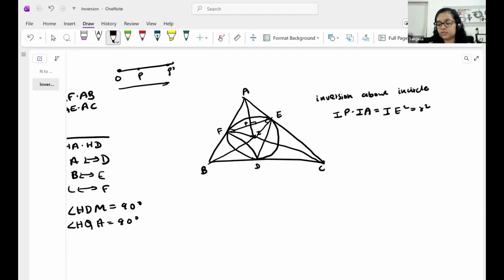So P must be A's inverse, right? So similarly, you get that these 2 points are also the inverses. So that means that the circumcircle of ABC goes to the 9-point circle of DEF.